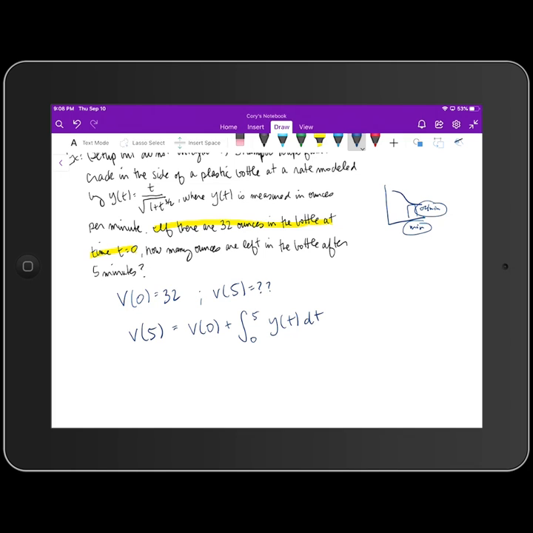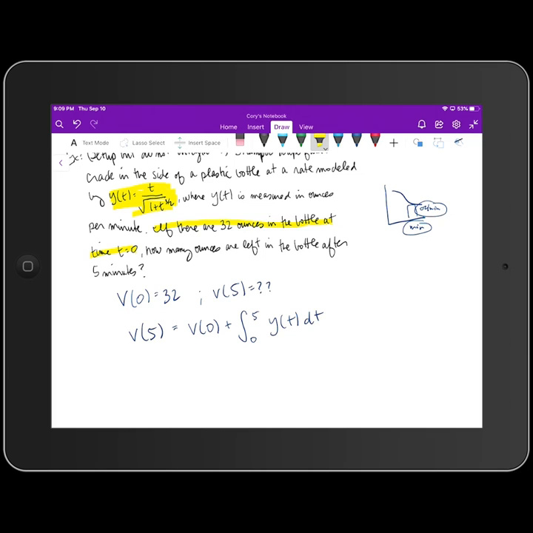Okay, now when we look at this function y of t, for t values that are going to be positive, which time has to be positive in this particular problem, the numerator, if t is positive, has to be positive, and the denominator, the square root of 1 plus t to the 3/2 power, that has to be positive as well, because an output for a square root function has to be 0 or positive.